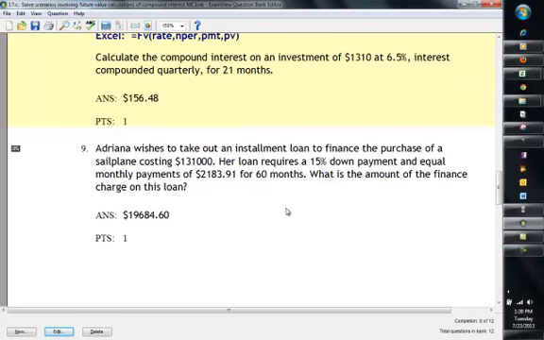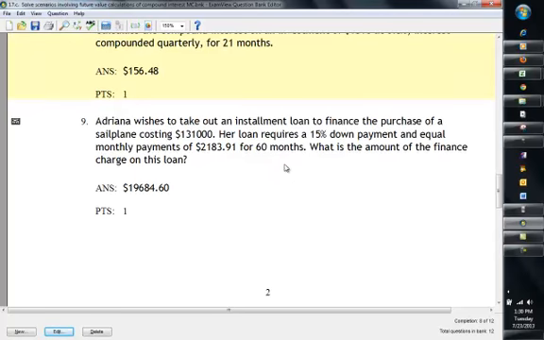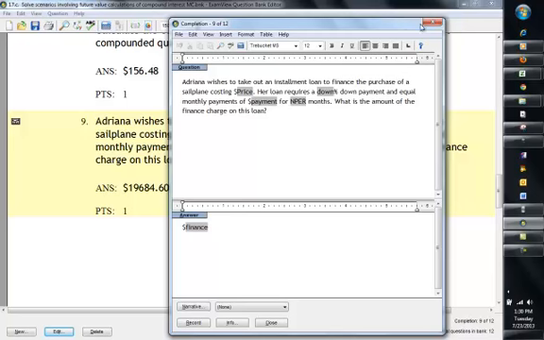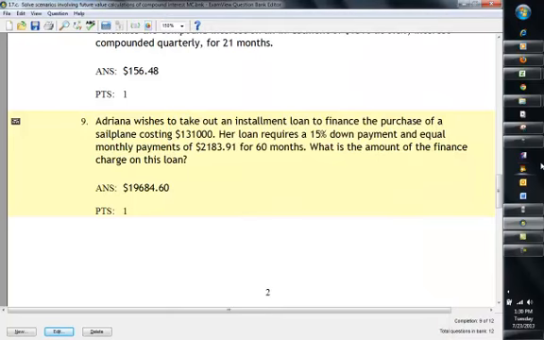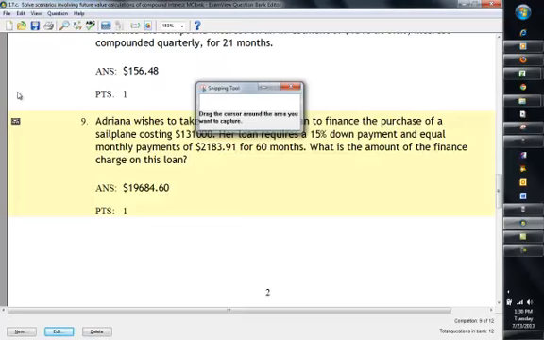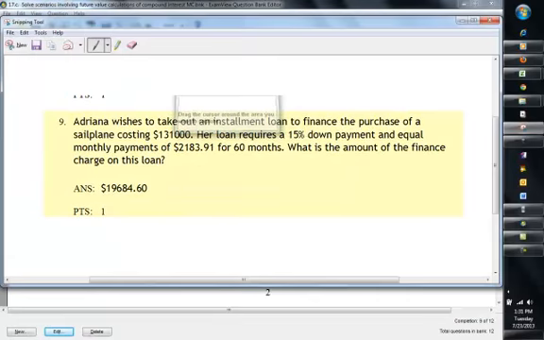Okay, and the last one, what is the amount of finance charges on the loan? All right, let's see if we can figure this one out. Her loan requires a 15% down payment, equal monthly payments. What is the amount of finance charges? This is kind of one that we did before. What we need to do is we take $131,000 times 0.85.